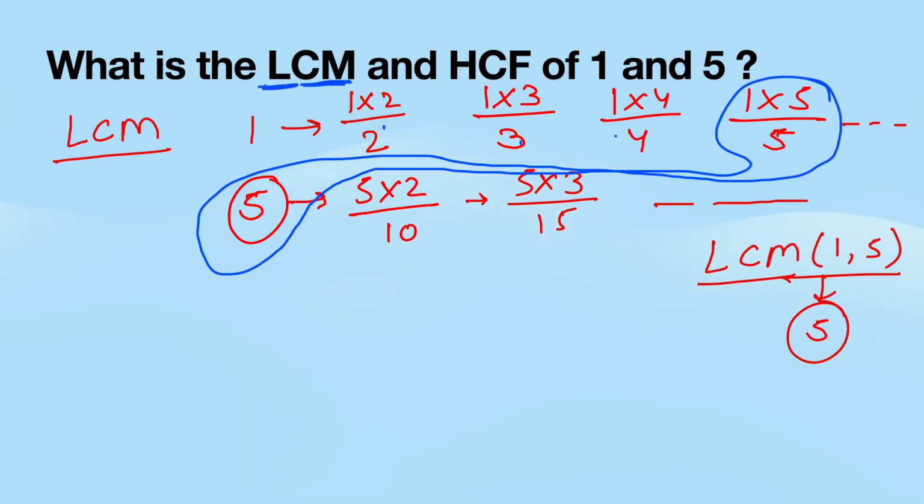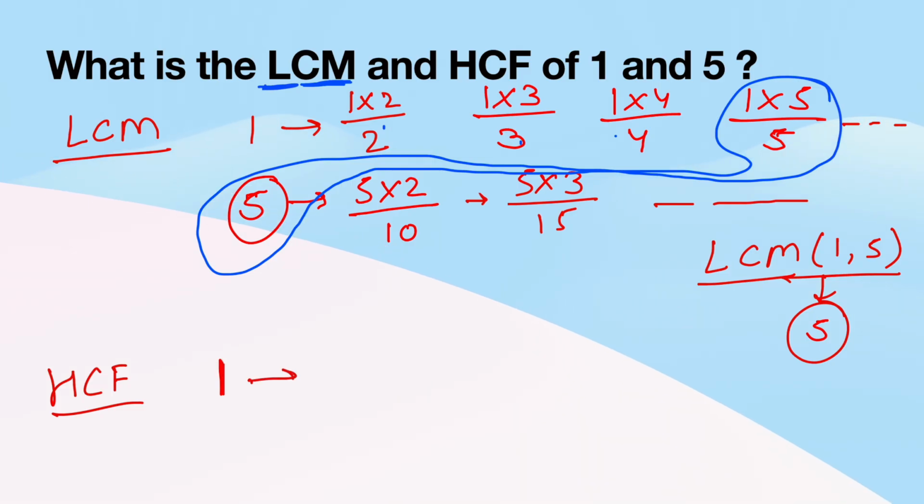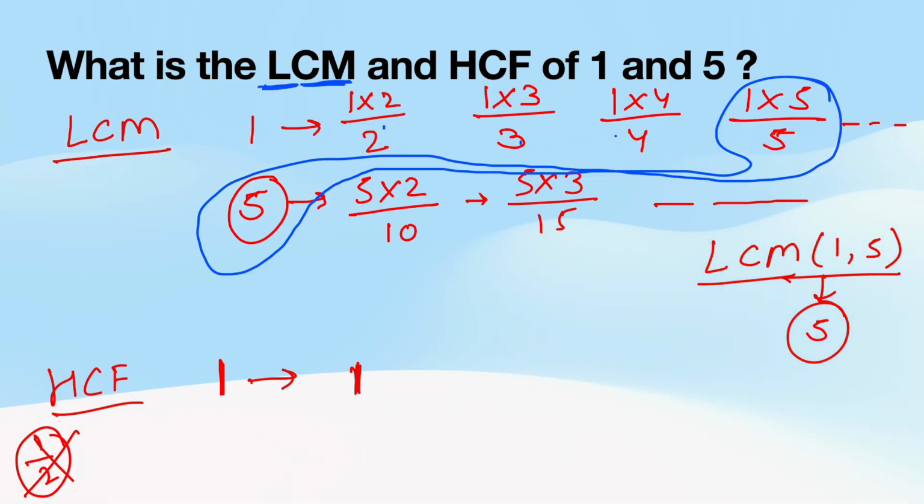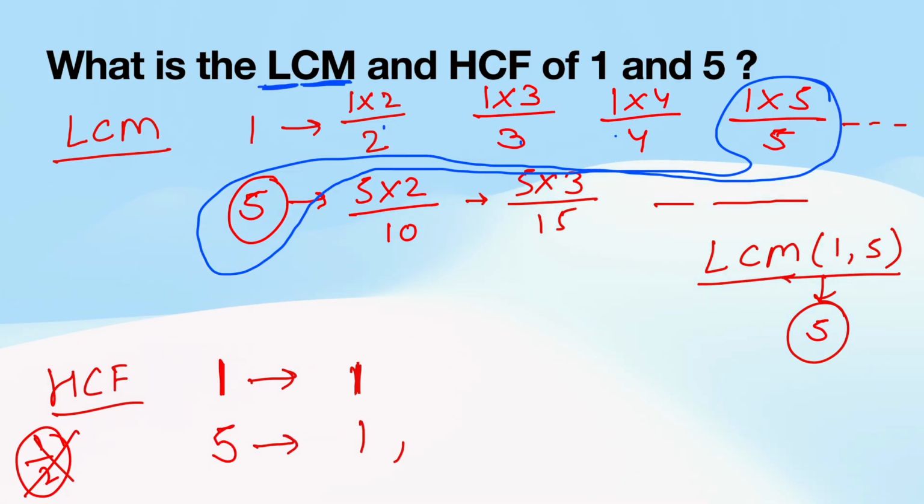Good. Now coming to the HCF. HCF means, as we already discussed, those numbers which can divide a given number. Suppose I am talking about 1. What are the factors of 1? Only 1 can divide 1, right? If I divide it by 2, it is not completely divisible. The same for 5: the factors of 5 are 1 and 5.